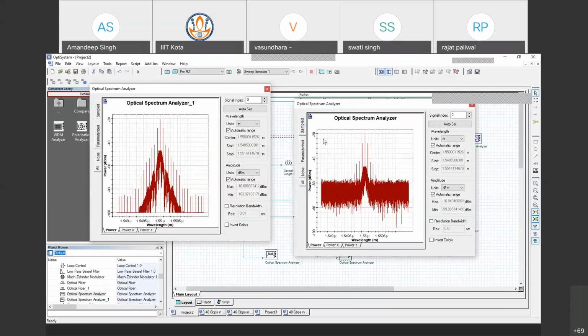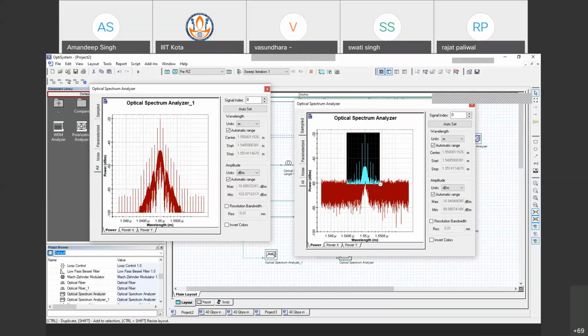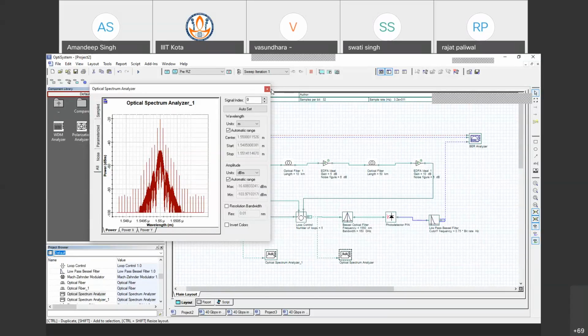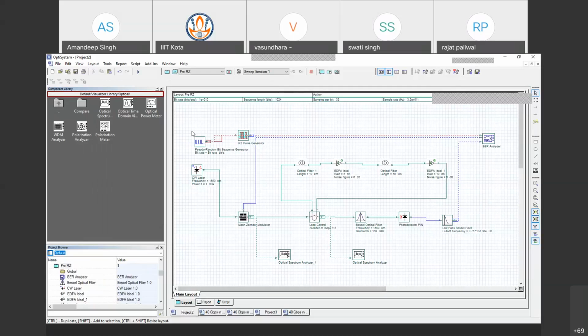This is our sample signal. So that is the difference. Whereas at 1.55 microns, we have our spectrum at a proper location. This is the one. Similarly, you can compare other types of results or simulations.